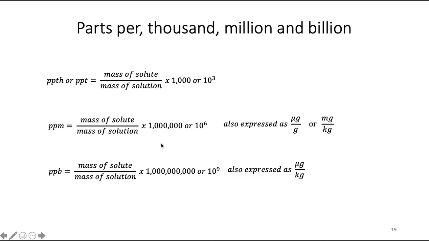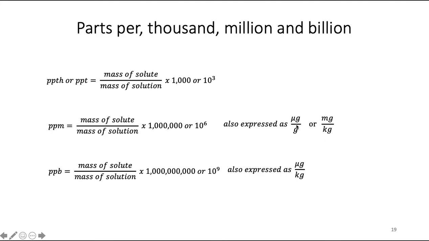You will also find these last two units expressed in different ways. Here's an example for parts per million. You'll also find it as either microgram per gram or milligram per kilogram.